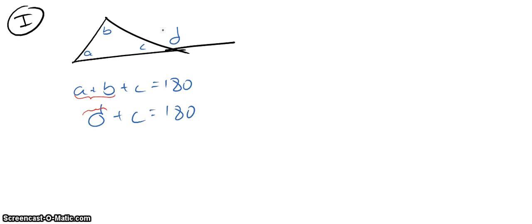And this is a rule. The external angle in any triangle is equal to the sum of the two non-adjacent angles, which is a long way to say this very simple thing. So just look at it. It's easier to look at this than to remember this by heart. That was number one.